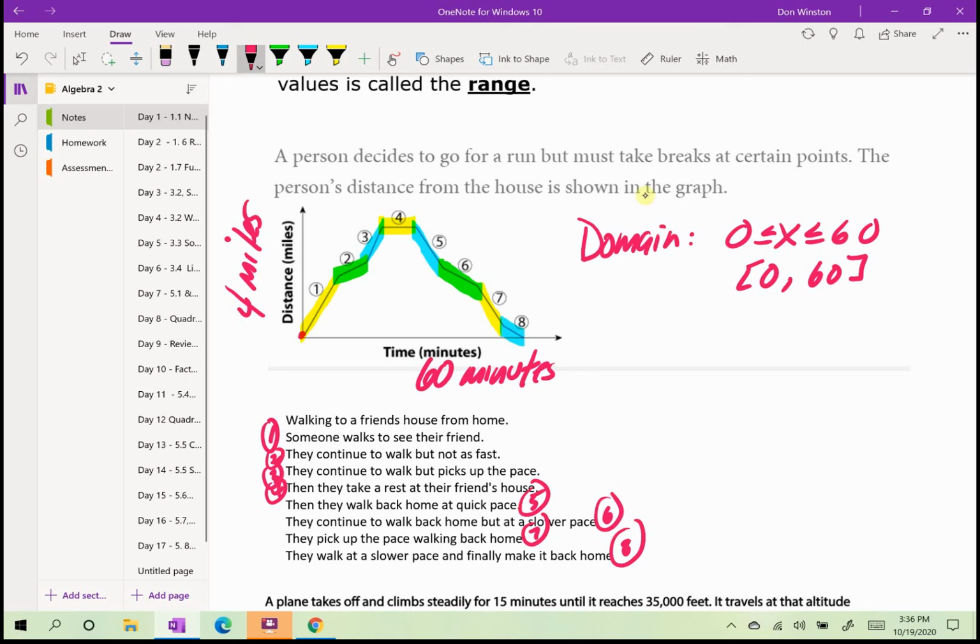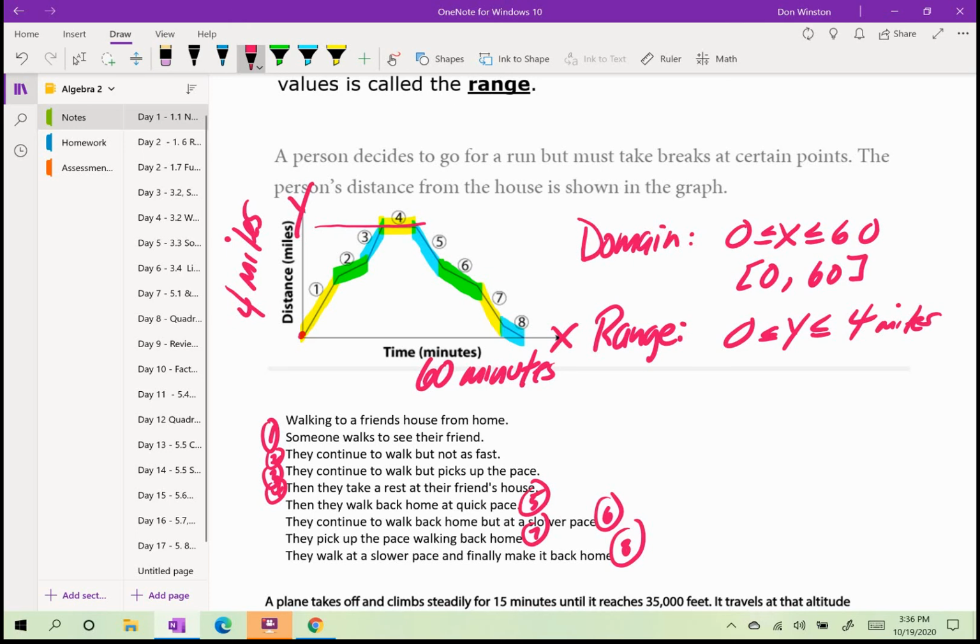Well, what about the range then? So the range, well, it goes from anywhere, so y, or distance, so again, we'll say this is x and this is y. So y, let's say here this represented a total of 4 miles, so y would be less than or equal to 4 miles that they walked from home, and greater than or equal to 0 miles.